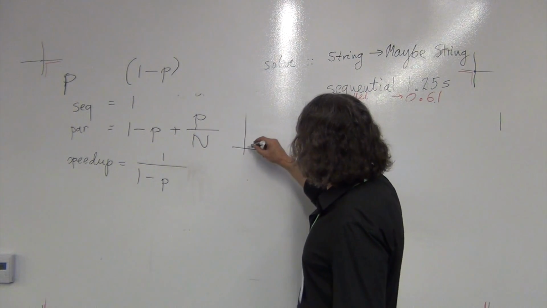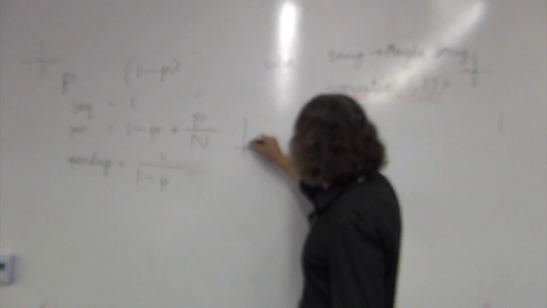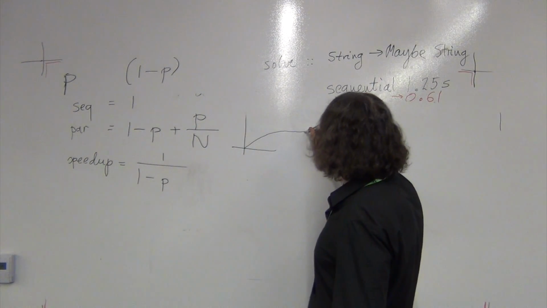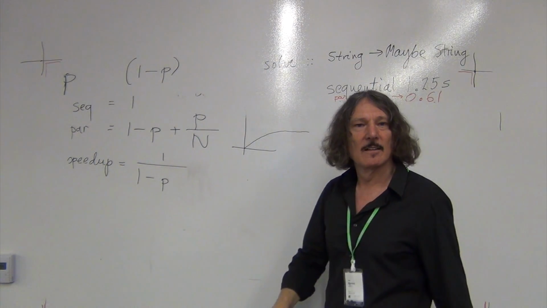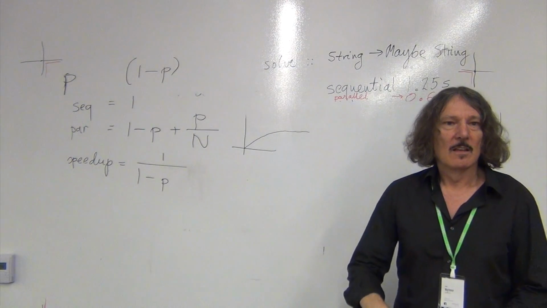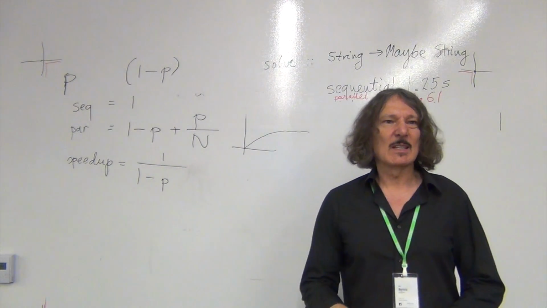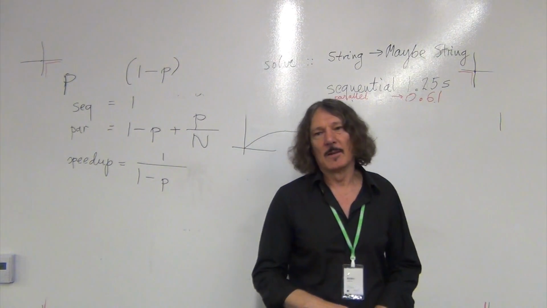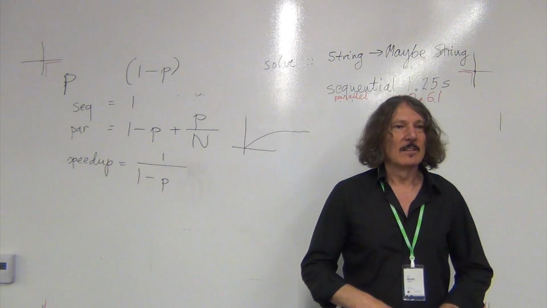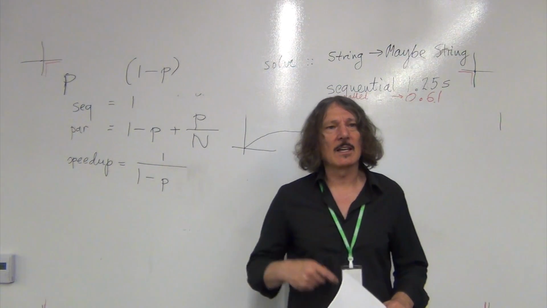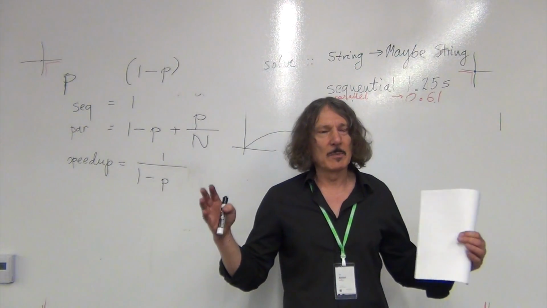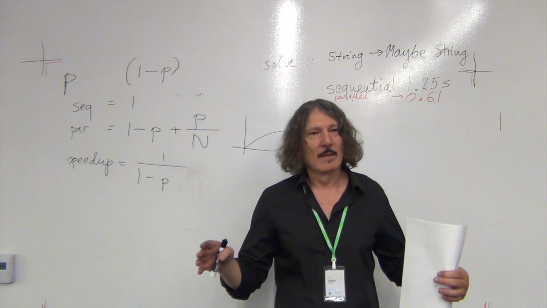It will go up and up, but then it will slow down and reach a certain constant. So this is a big problem in parallelism. You can only gain speed up on the part that's parallelizable.